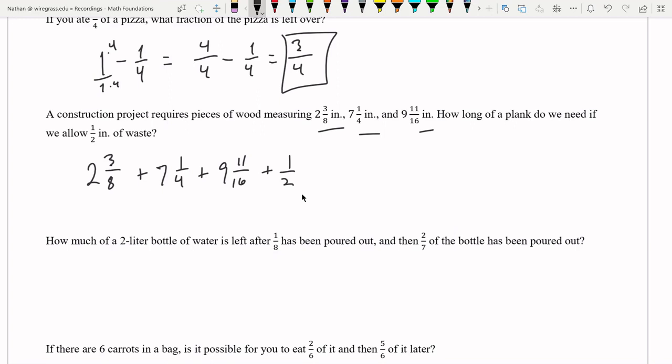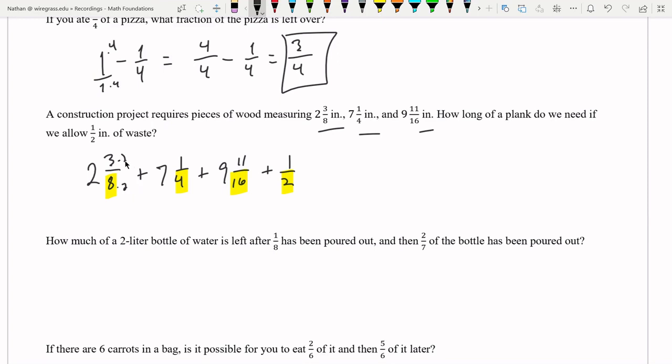Okay, to add these all up, I need to get common denominators. And what's interesting about this is that these denominators, 2, 16, 4, and 8, all of these can go into 16. 2 times 8 is 16, 16 times 1 is 16, 4 times 4 is 16, and 8 times 2 is 16. So I'm going to go ahead and get them all to be the same denominator.